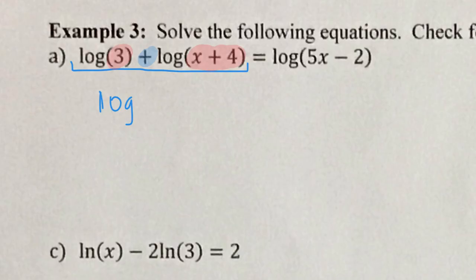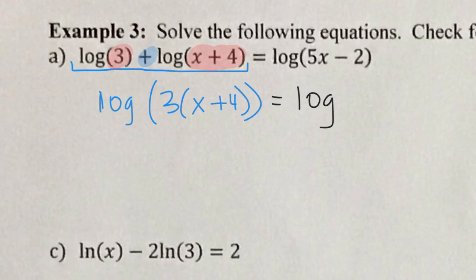So this becomes the log of 3 times x plus 4. When we condense a log that is being added, that becomes the multiplication of their arguments. The log of 3 times x plus 4. Okay, so now we have log on the left and log on the right.